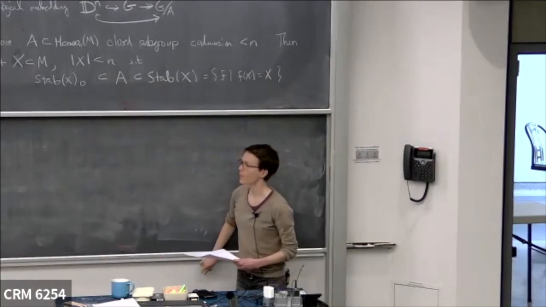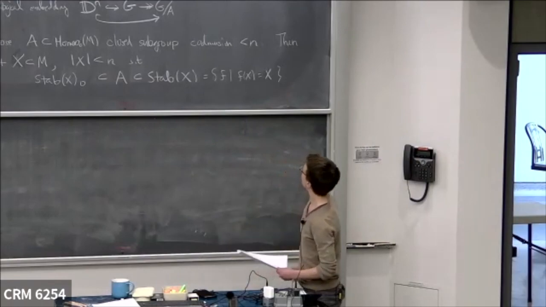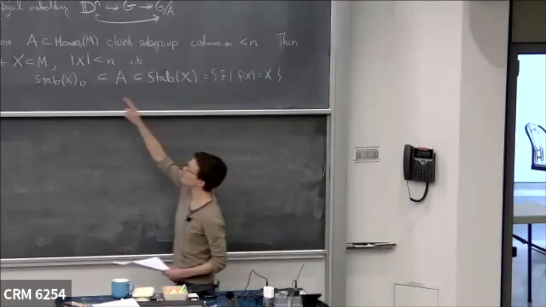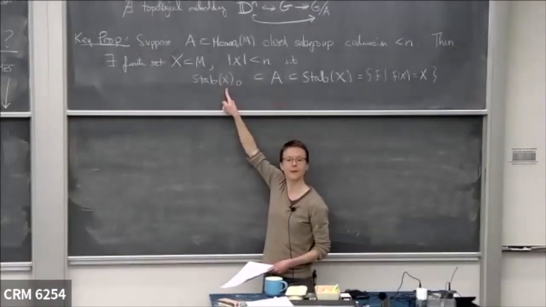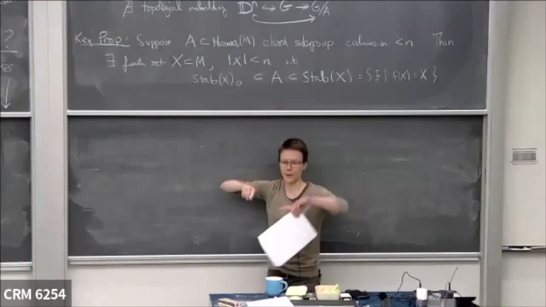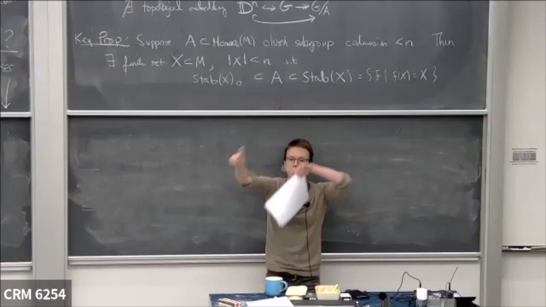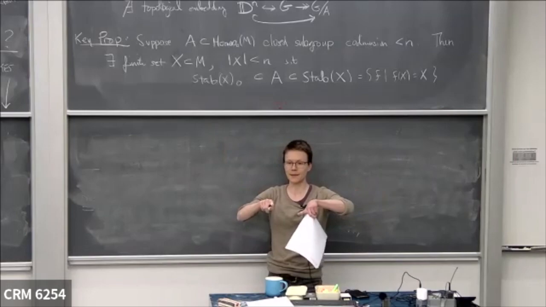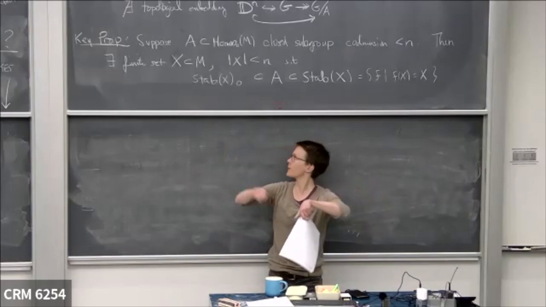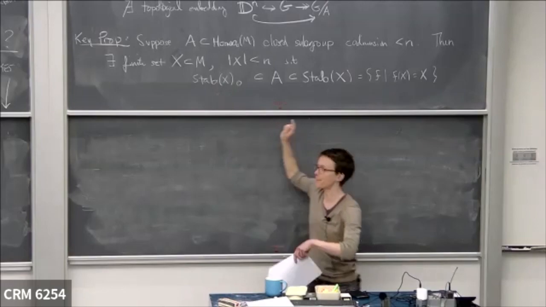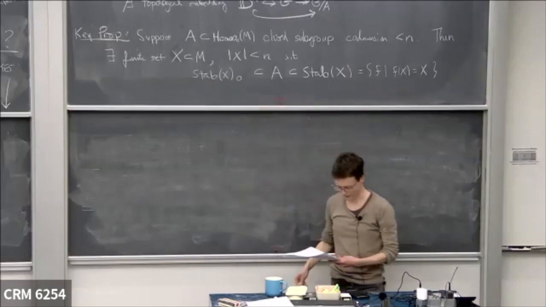That's the set-wise stabilizer. This is contained in the pointwise stabilizer, of course, but it's probably smaller. If you imagine you have points and you isotope them around your surface in some weird way and move them back to where they are, there's no way to always stabilize those points and get exactly that homeomorphism. You imagine point pushing subgroups, they're not in here. This is something much smaller.